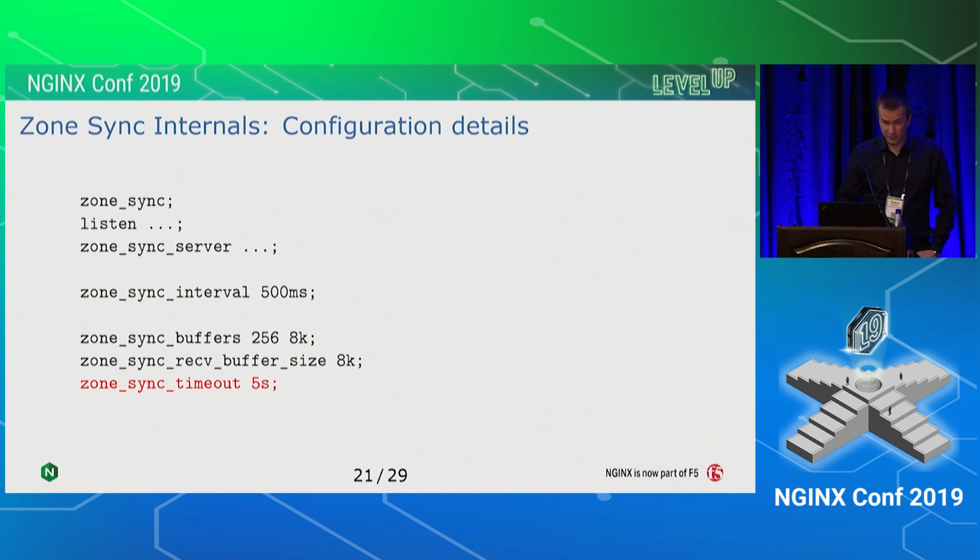Also, there is a zone_sync_timeout directive, which is a generic Nginx read-write inactivity timeout for internode communication, and it will control when to consider one of your nodes dead. So you will close the TCP connection and start synchronization again.